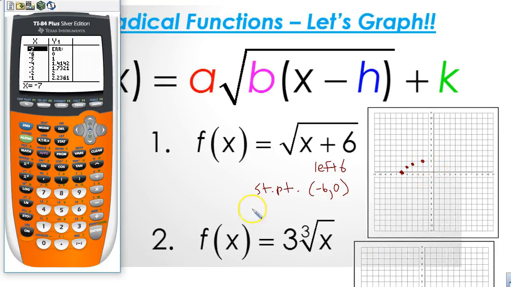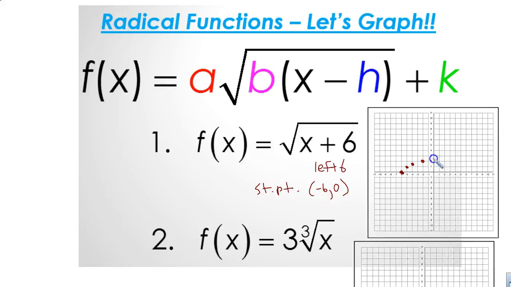I can search through here to find another good one if I don't want to put all the decimals in, although it's okay to put these decimals in. You just have to kind of guess. 0, comma 2.4 is 0, comma a little less than halfway to 3, right? And then we got 3, comma 3 I see over there. So I'll put those on, 3, comma 3, 1, 2, 3.